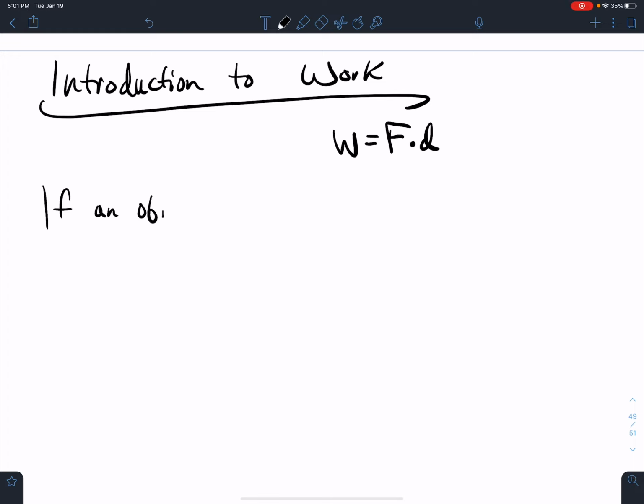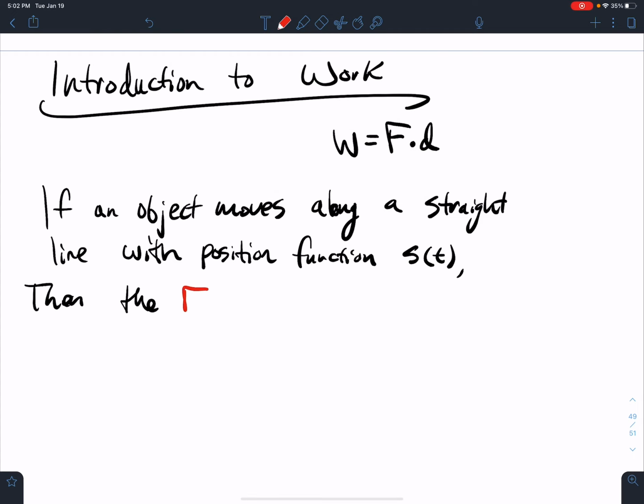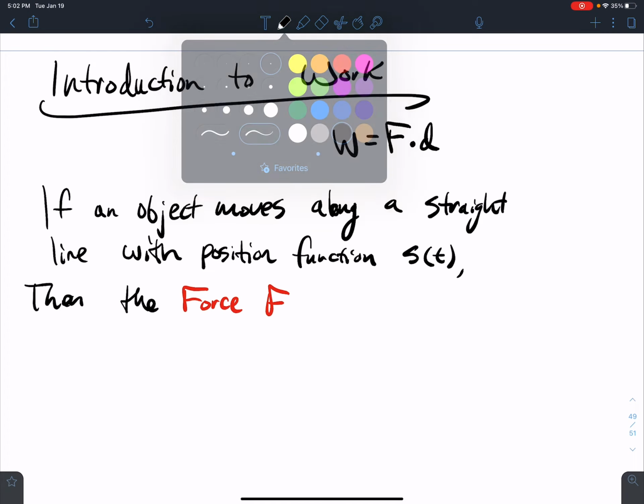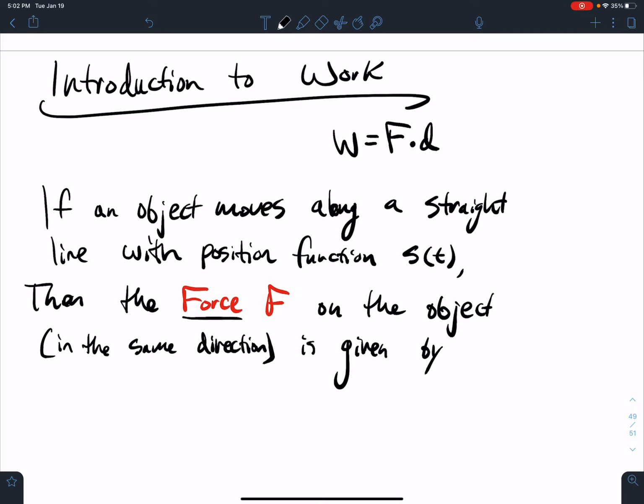So if an object moves along a straight line with position function s of t, then the force F on the object in the same direction is given by Newton's second law of motion, which is mass times acceleration.